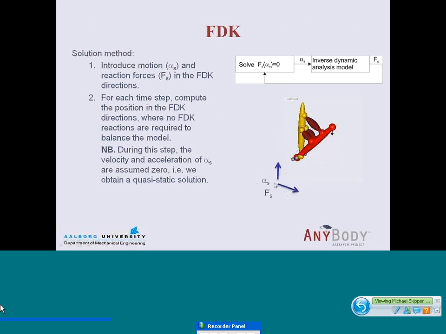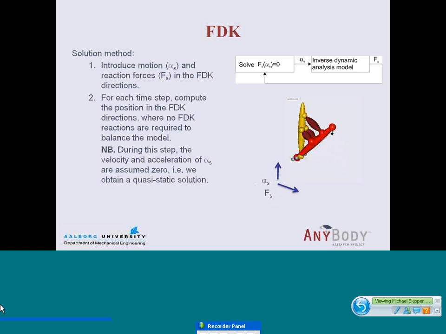That would be translation in the two directions. Then in the same directions, we also introduce some artificial reaction forces, called Fs. And then what we want to do is find out exactly the position for alpha S in these two directions where Fs has to be 0, so that we don't need any external hand of guard to actually keep the model in balance.